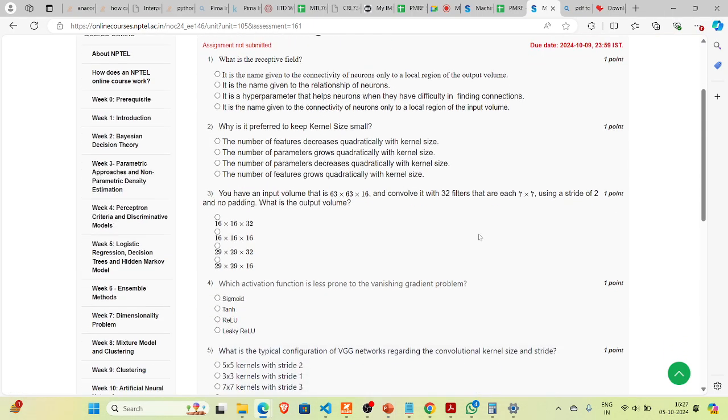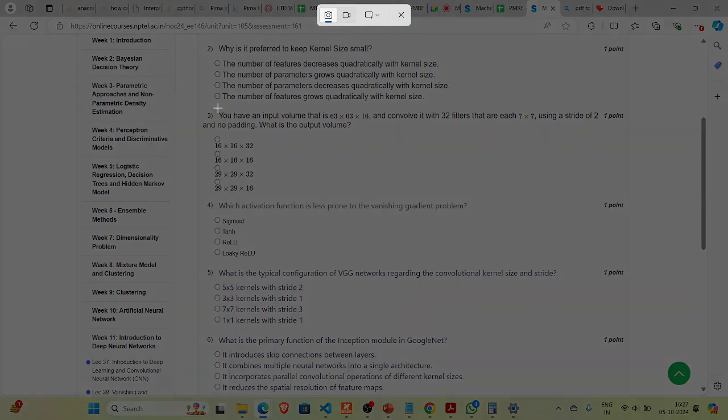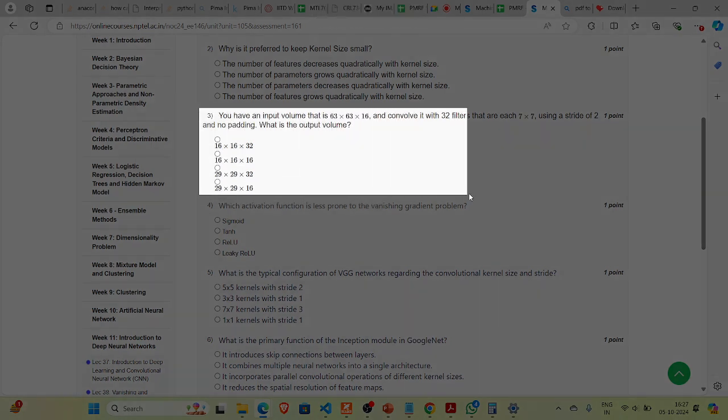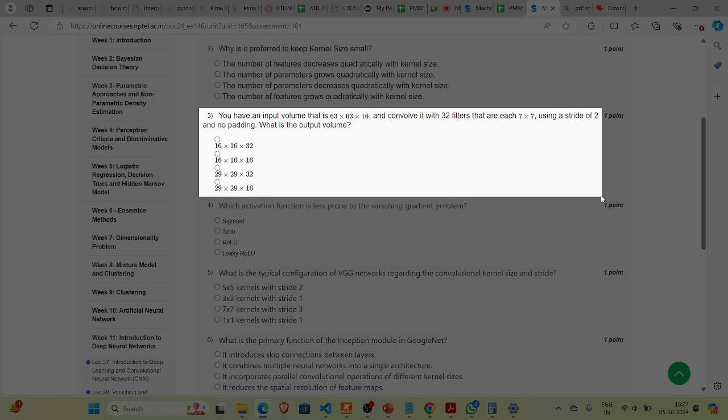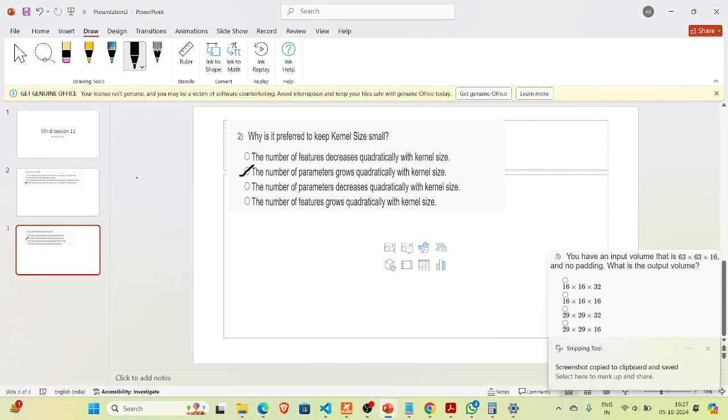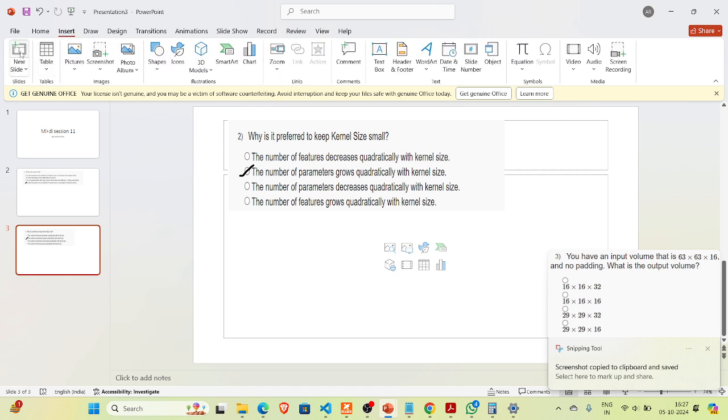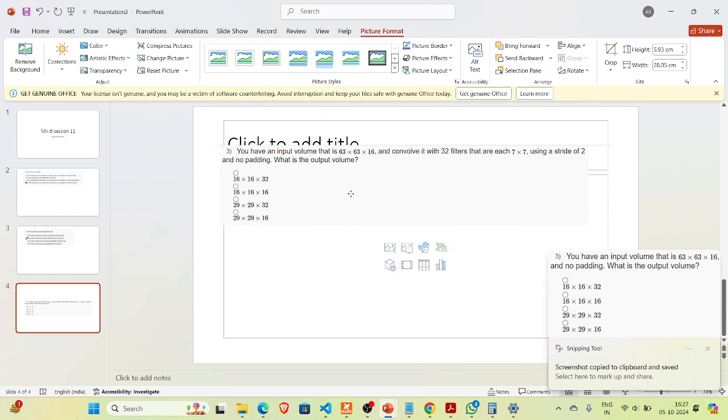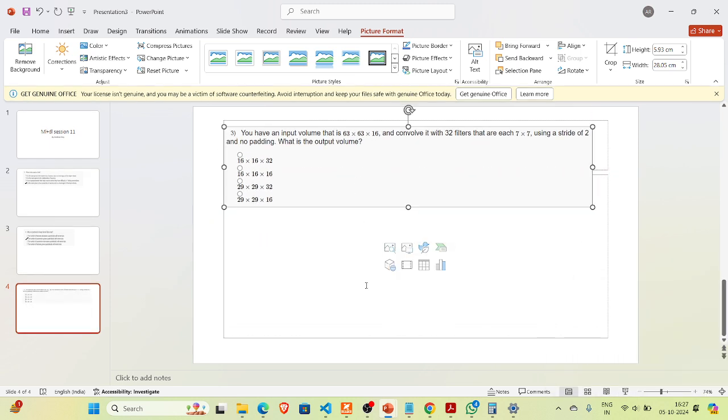Next we have this problem. The image can be an image or any feature space. That is 63 into 63 into 16.